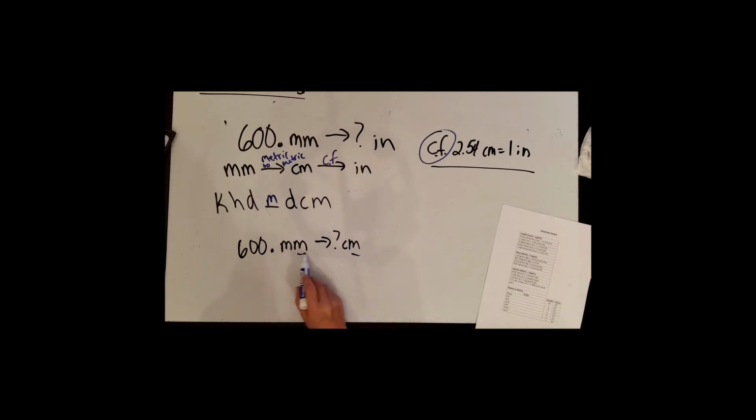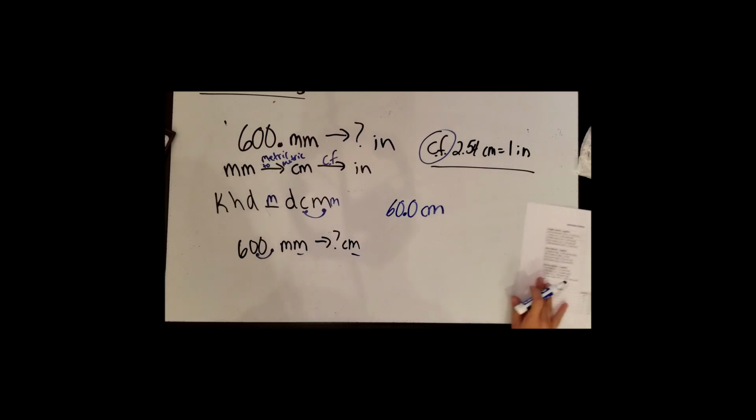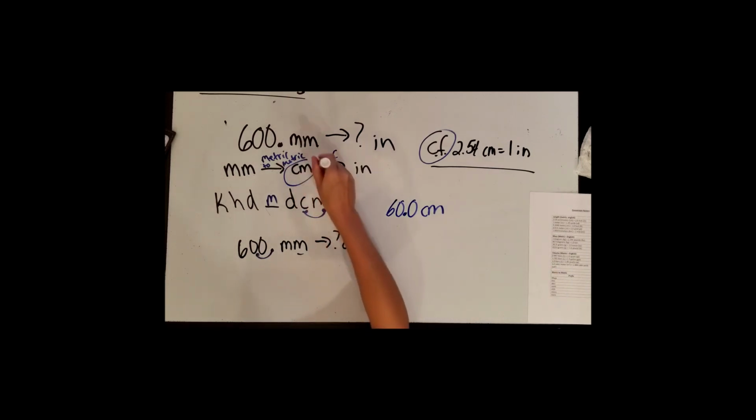And we're starting at the millimeters, and millis down here. Okay, the middle's meter, the end is millimeter. So this is where we're starting, and we're trying to get to centimeters, the C, right next door. So we're just moving the decimal point 1 time to the left. That's it. So I'm going to start at decimal, move it 1 time. So that's going to get me, I'll write it over here, 60.0 centimeters.